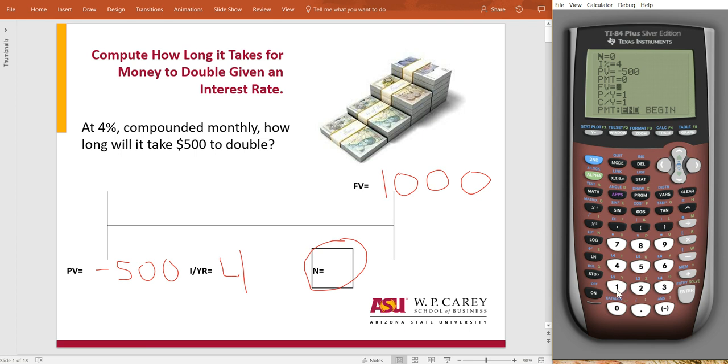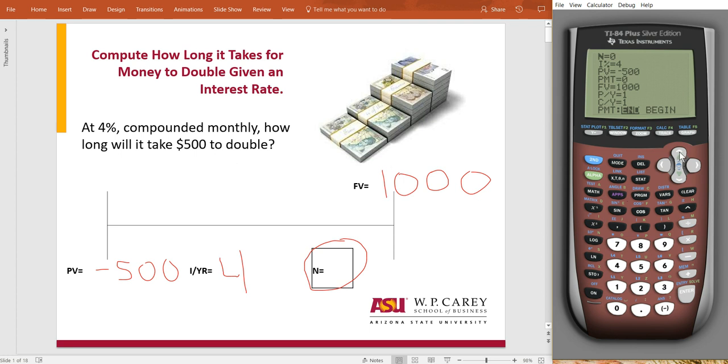Our future value, we know we want it to be 1,000. Okay, and did it tell us if it was in the beginning or end of the month? No, it didn't. So in this case, we always assume that it is an ordinary annuity unless it explicitly says that it's an annuity due, or in other words, that it should have been at the beginning of each month.